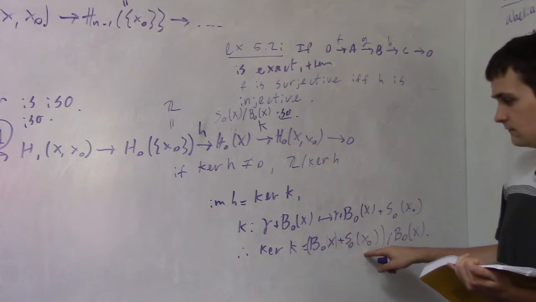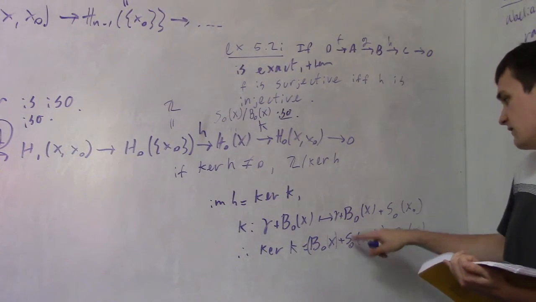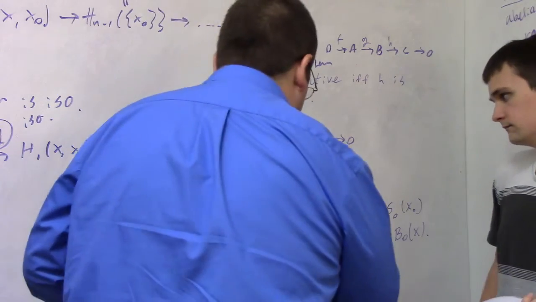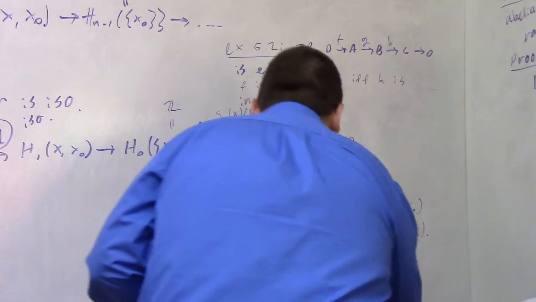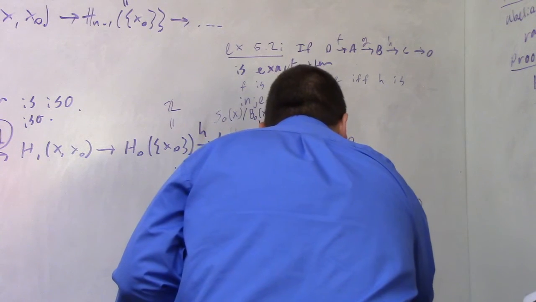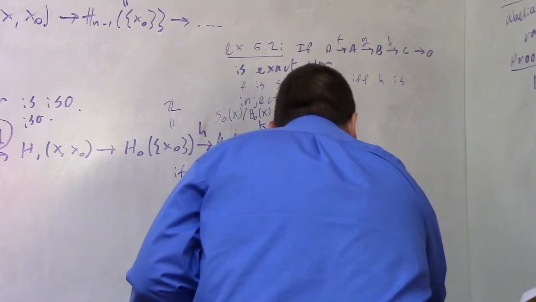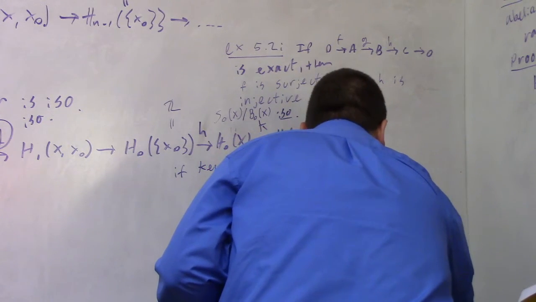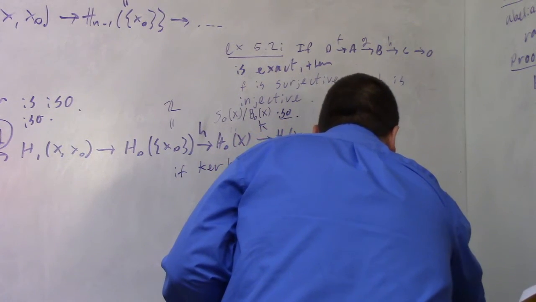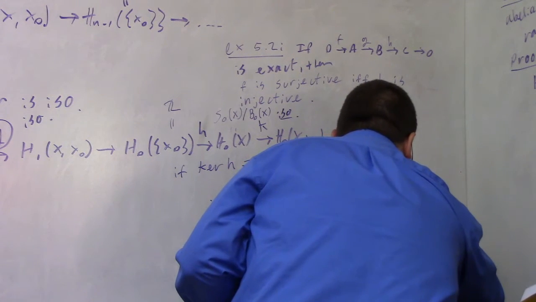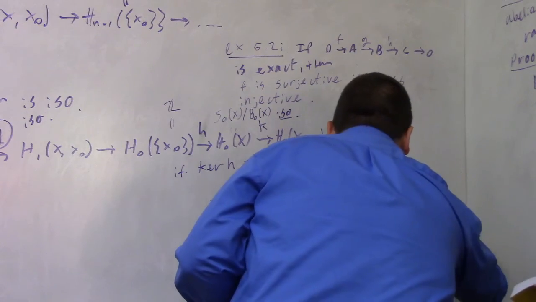I'm sorry, I should write that down. What I'm saying is that this set is the same as alpha plus beta naught x, such that alpha is an element of b naught x plus s naught x naught.